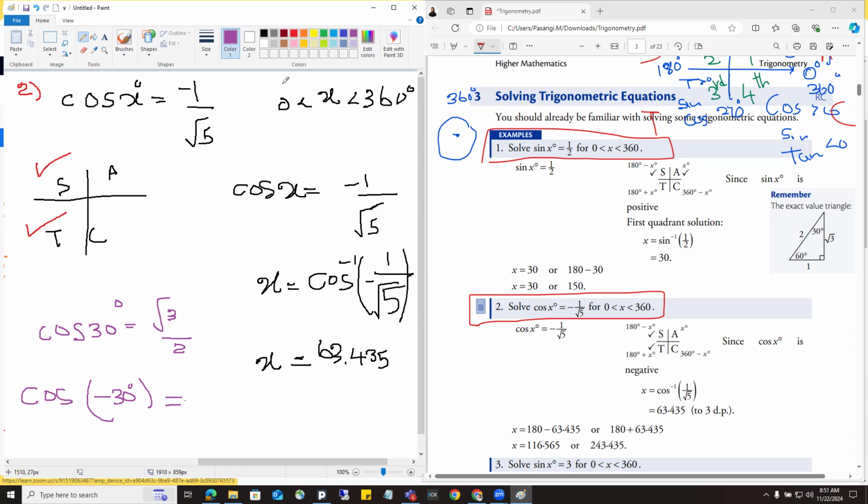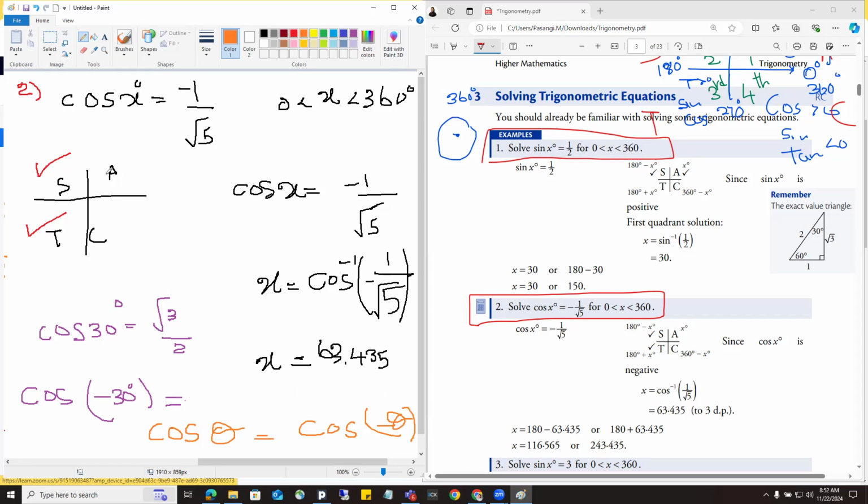I don't know whether you have learned at O/L that cos theta is equal to cos minus theta. No, teacher. Okay, then there is a relationship between these two: cos theta is always equal to cos minus theta.